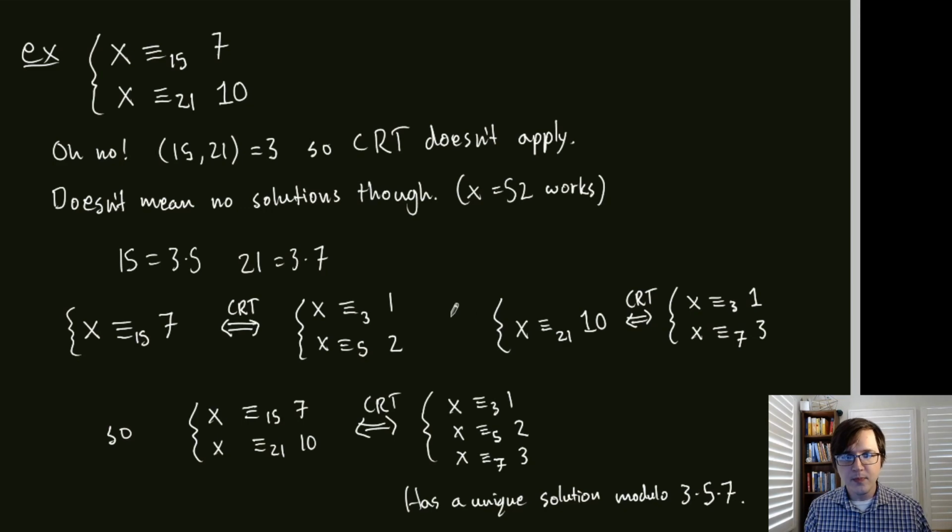So we can, again, apply the Chinese remainder theorem in reverse to get two congruences that don't change the solution set. And we can see that mod 3 it's 1, and mod 3 it's 1. So they do not conflict with each other, which is good. Because, for example, if this had been instead 2, then we would know that this thing had no solutions. But they possibly have a solution.